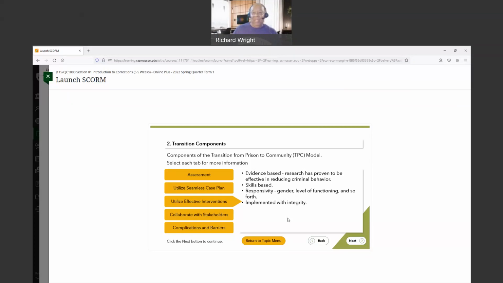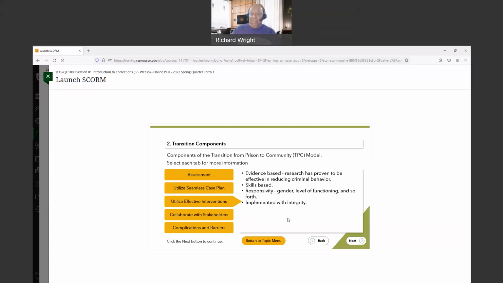Integrity is absolutely important in terms of application. Say what you mean, mean what you say, stand firm, teaching not the shortcut way, but the way that would probably most benefit the individual as well as the community as a whole.